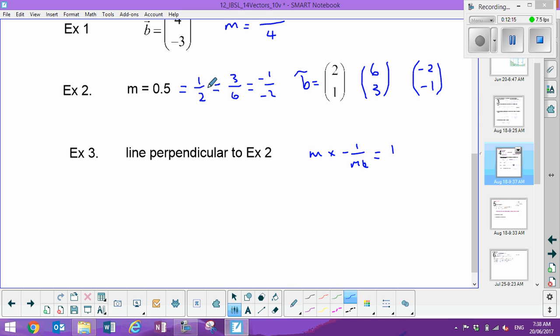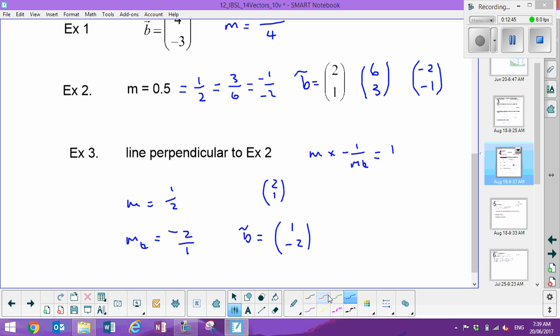In other words, if a gradient is a half, then the line perpendicular to it will be negative, take the reciprocal, 2 over 1, which means I can write my direction vector as 1, minus 2. So this was 2, 1.